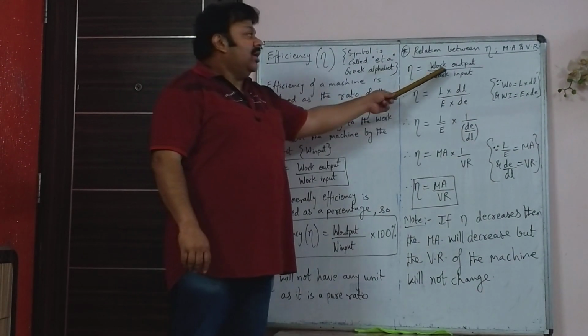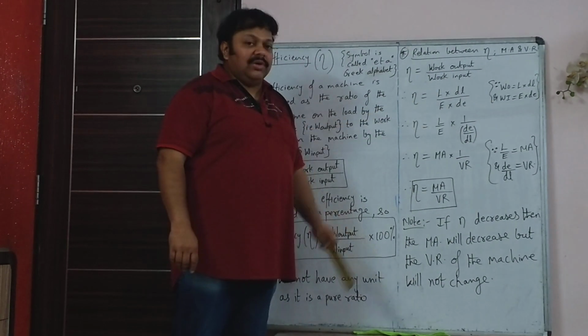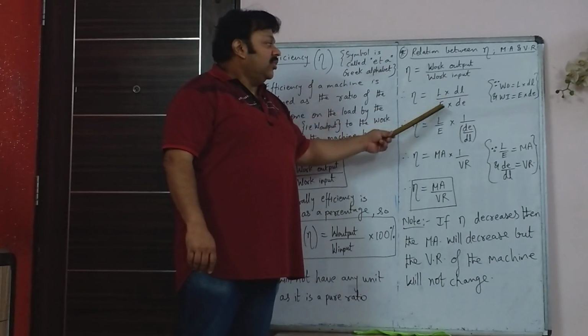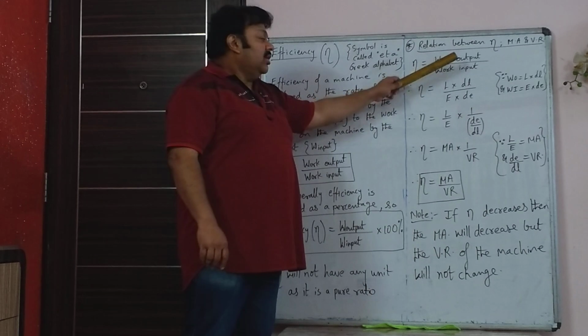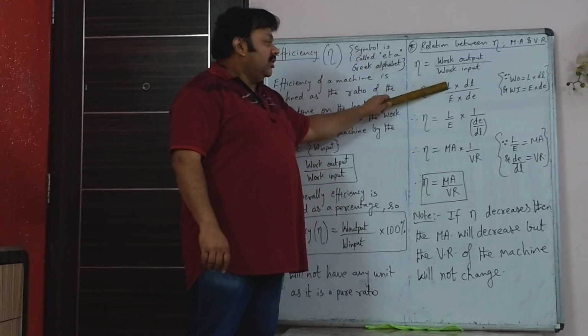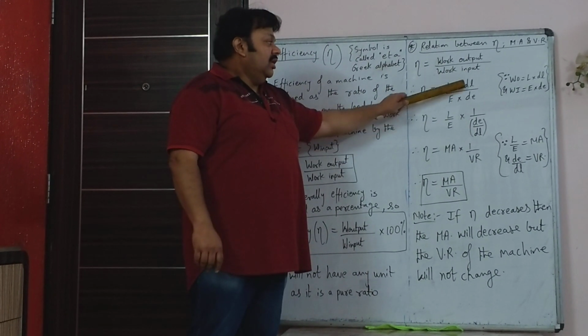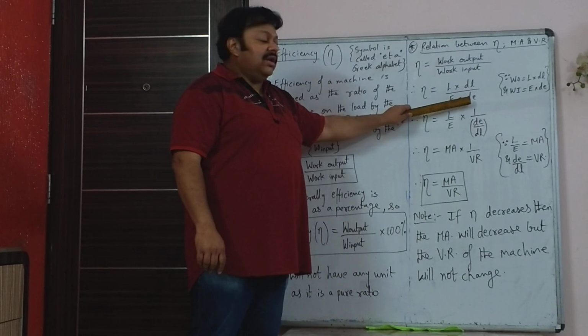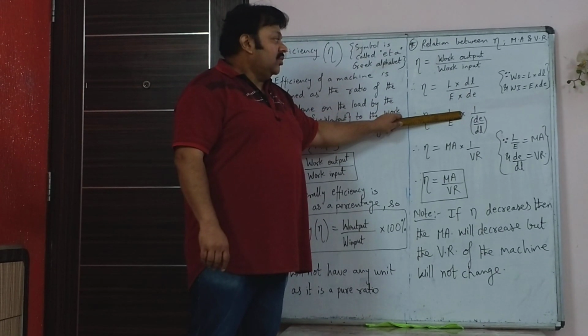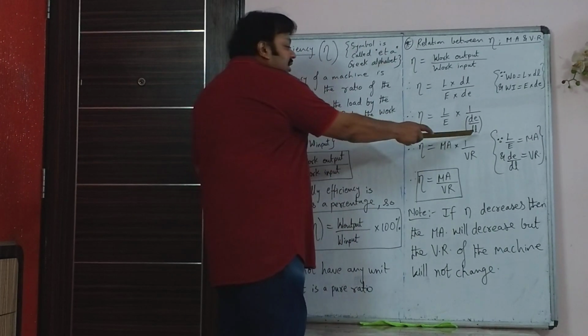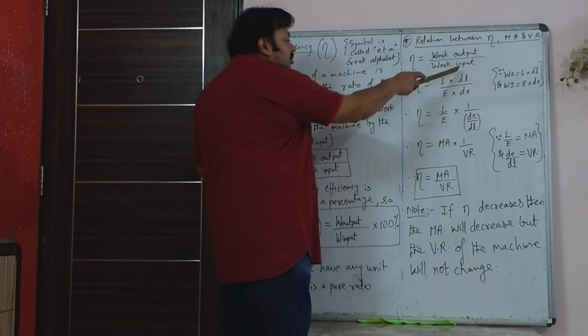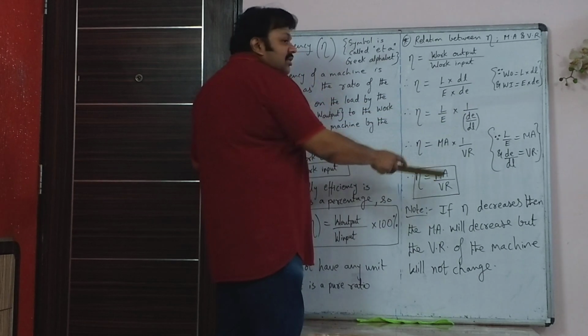Therefore work output is load into displacement of load and work input is effort into displacement of effort. So here load upon effort we have written separately, and instead of writing dL by dE we have written it as into 1 upon dE by dL. If you write it like this, obviously this goes to the numerator, so this and this are one and the same.